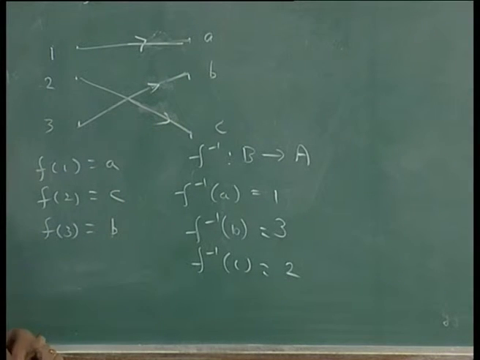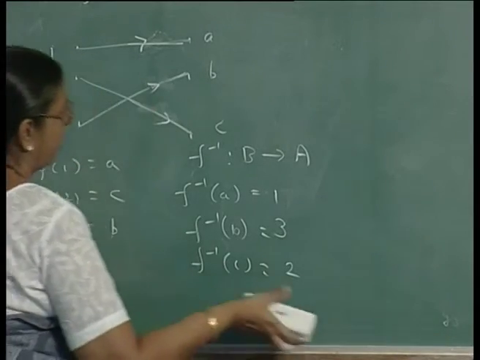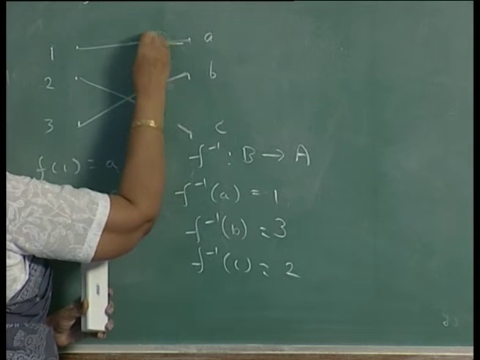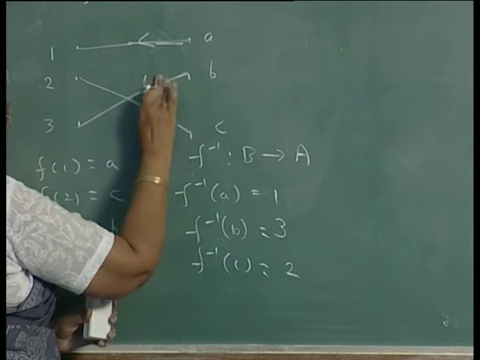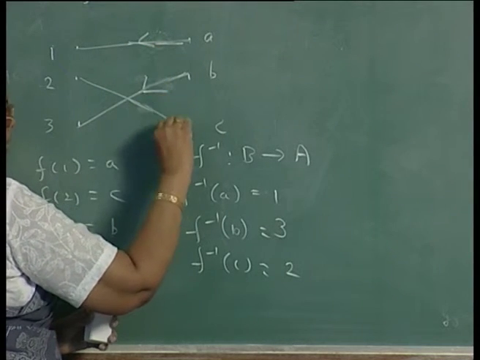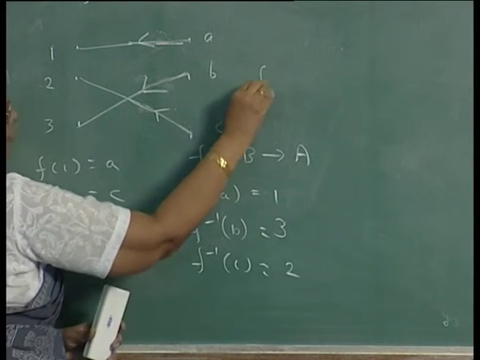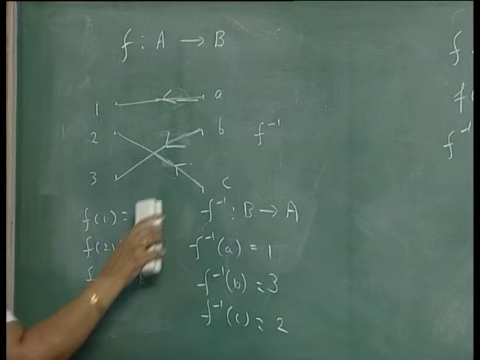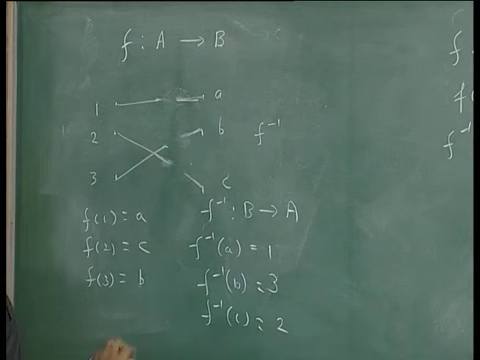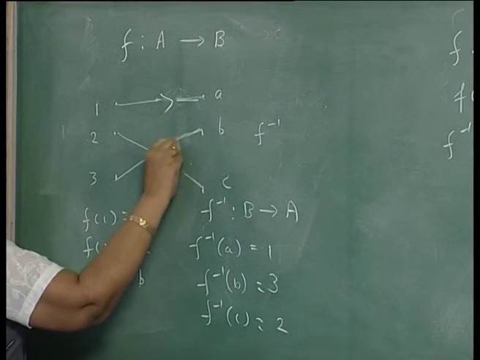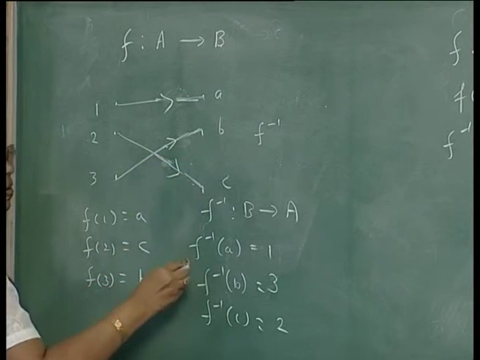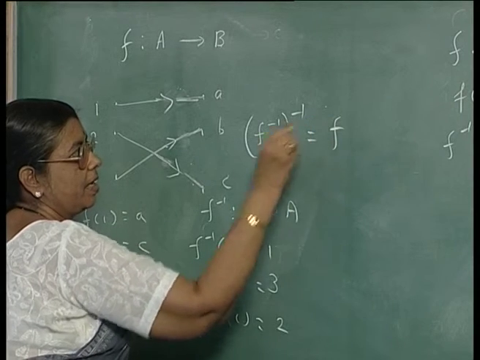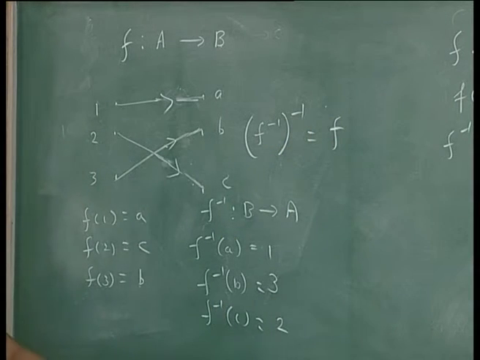Then f inverse is, you reversed all the arrows, f inverse was represented like this, this is f inverse. Now, we again take the inverse, again you have to change the arcs. So, f inverse inverse is f itself. Okay.